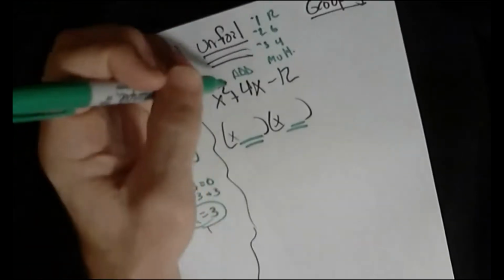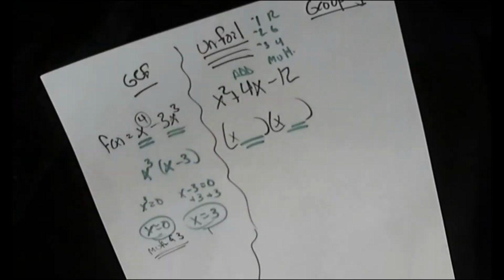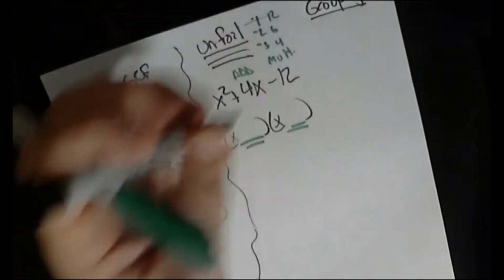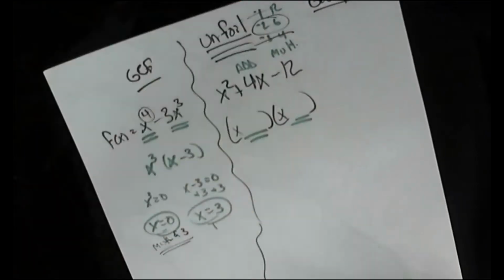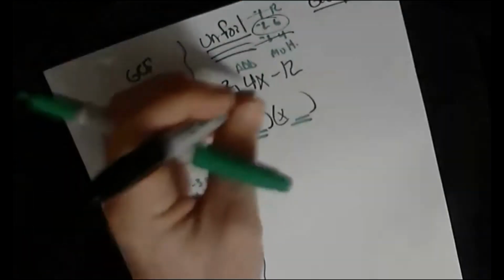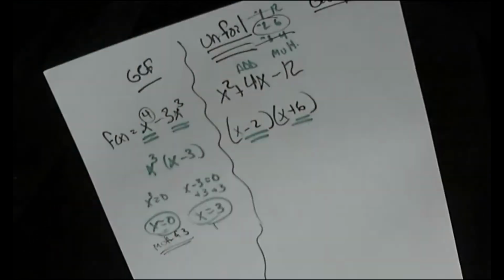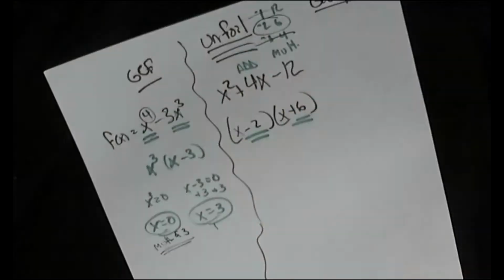But now, like I said, I'm specifically looking for a pair that's going to add to be 4. So -1 plus 12, nope. -3 plus 4, nope. But -2 plus 6 is 4, so that's what I want. So I've got -2 and +6. That represents these factors.